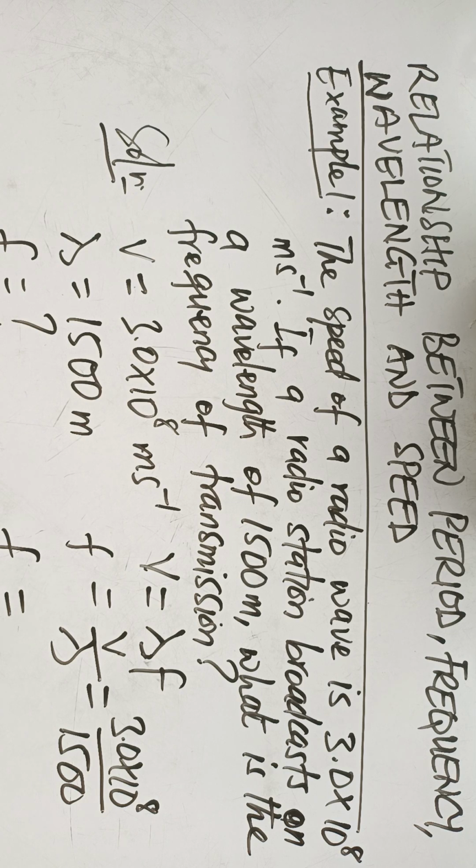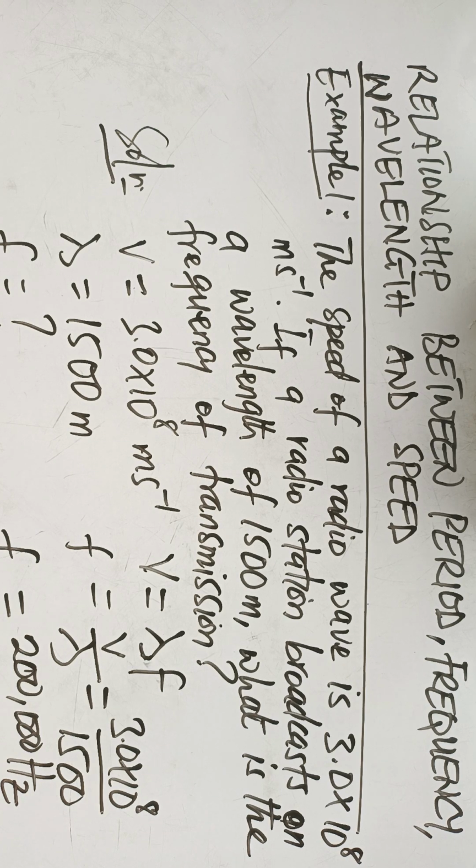If we do our calculation right, we should have a value of say 200,000 hertz. In some books, this could be written as 200 kilohertz. So that is our example number 1.